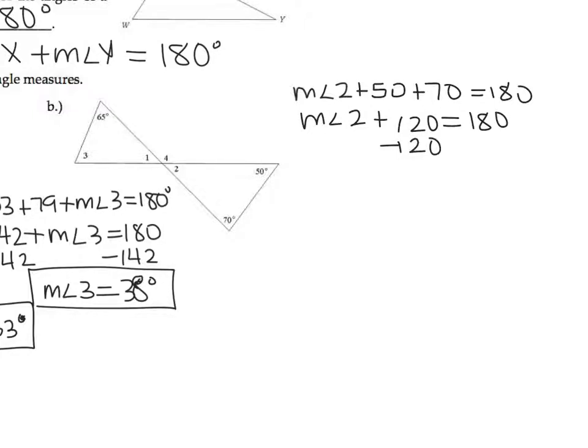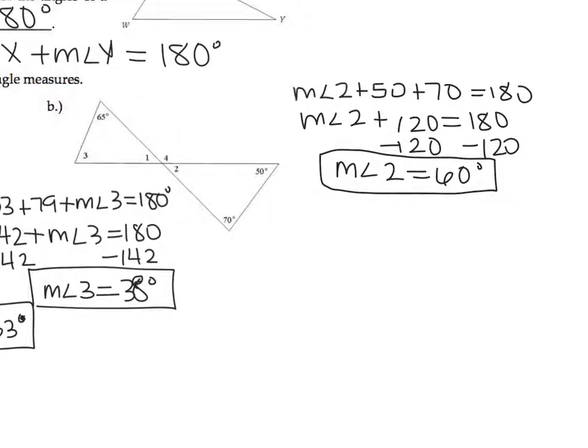Subtract 120 from both sides, we get the measure of angle 2 is 60 degrees. We also have that angle 1 and angle 2 are vertical angles, which means their measures are the same. So we know the measure of angle 1 is also 60 degrees.